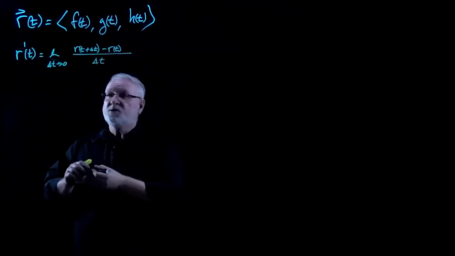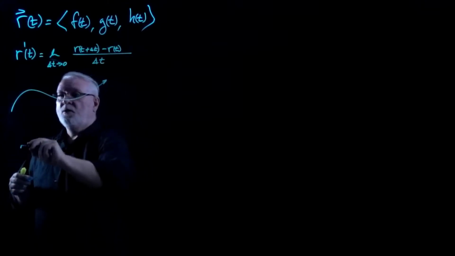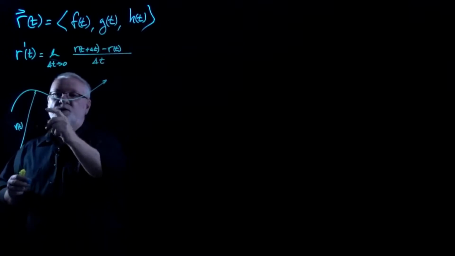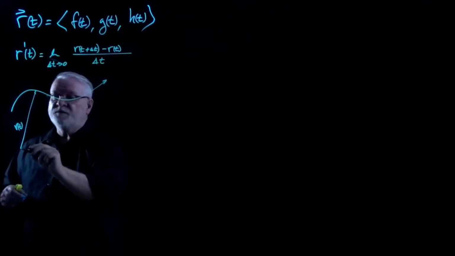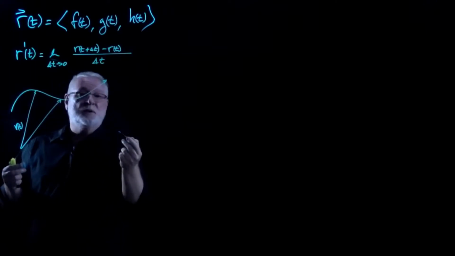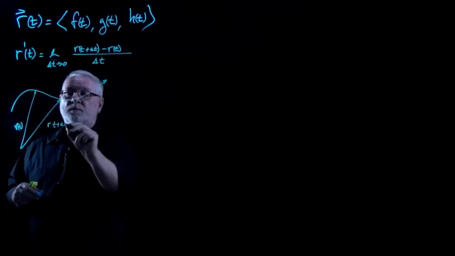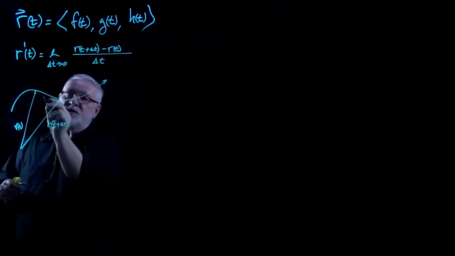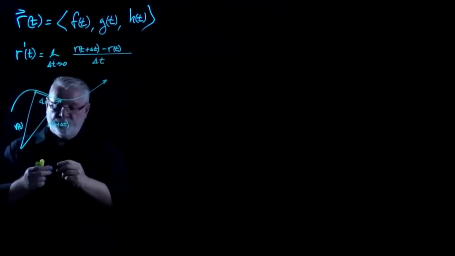In terms of a picture, what this means is as the curve flows through space, recall that r of t is a vector from the origin that points to a location on the curve. R of t plus delta t would just point to a later point on that curve. And of course, the derivative would represent the vector that joins them. This would be delta r.